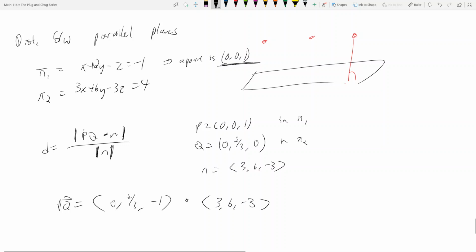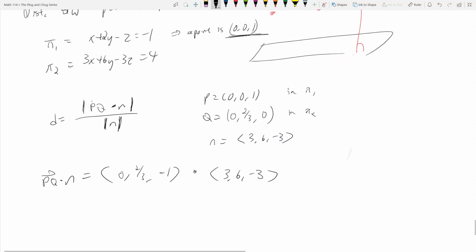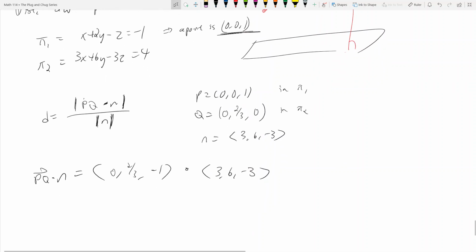So this becomes PQ dot n. So that's equal to 0 plus 4 minus 3, which is equal to 1. Oh, whoa, no, plus 3. Whoa, whoa, whoa. Okay, so that's equal to 7.